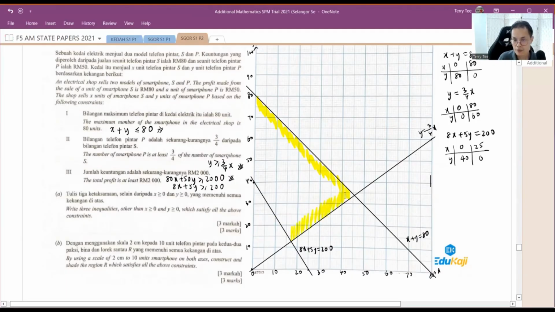Third part, the profit must be at least 200. So it's greater than or equal to this line. So we know the region is inside here. Okay, let me just highlight nicely. Okay, so this is the region R. So you can label it with letter R. Okay, let me draw here R.